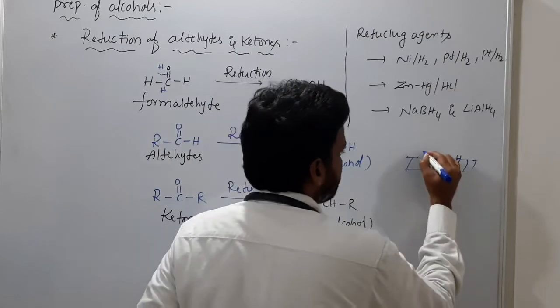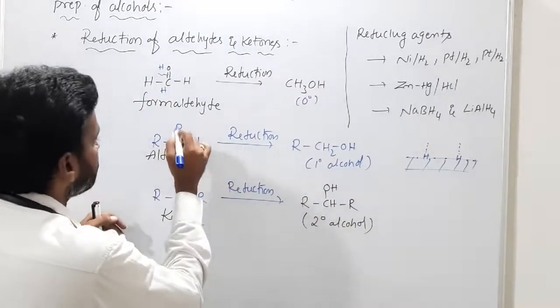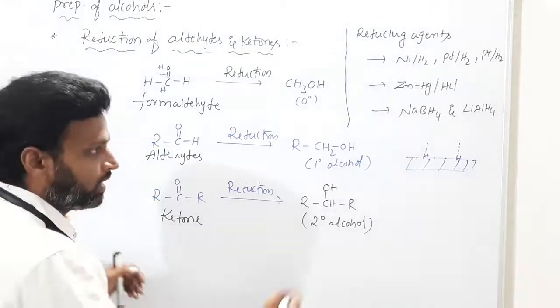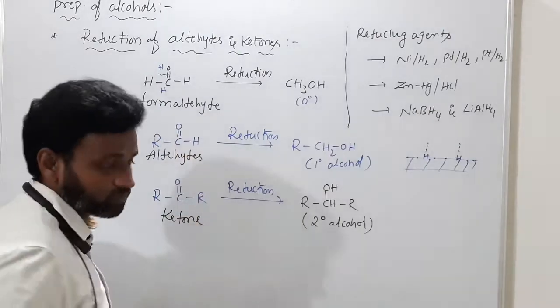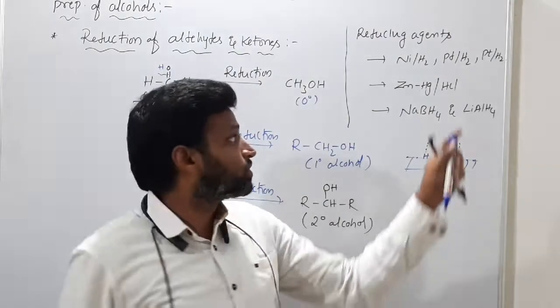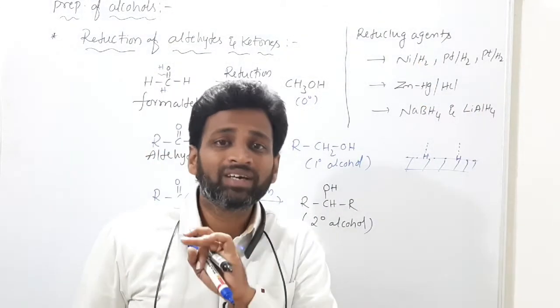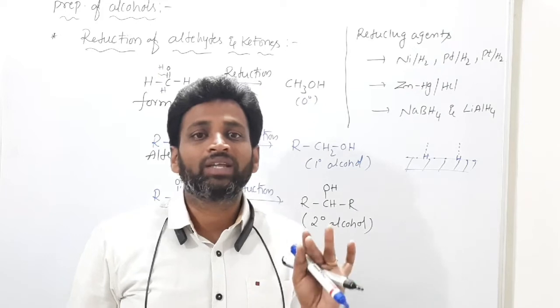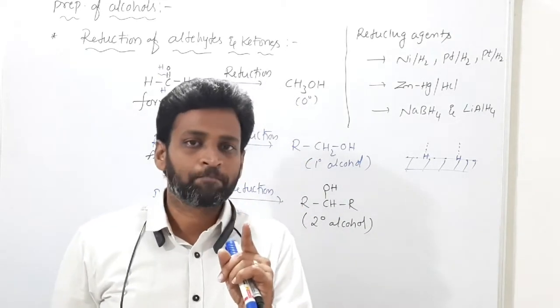These hydrogen atoms will approach this particular double bonded carbons, then this hydrogen here and this hydrogen here. But one more important thing is, if we use metal with H2, wherever the unsaturation is there, that is converted to saturation. This is a very important thing.